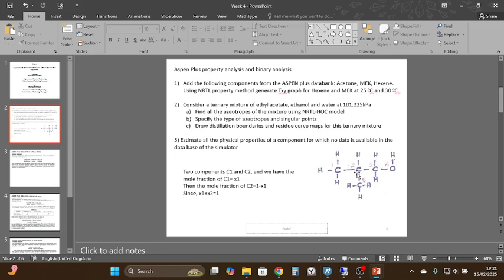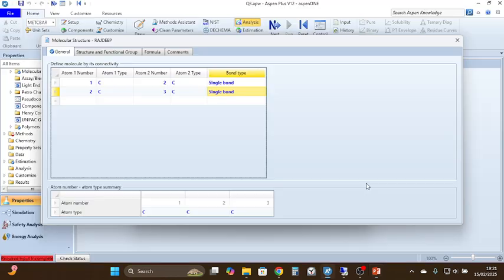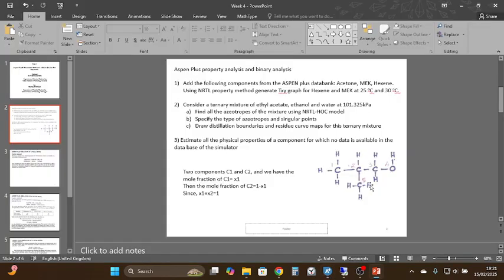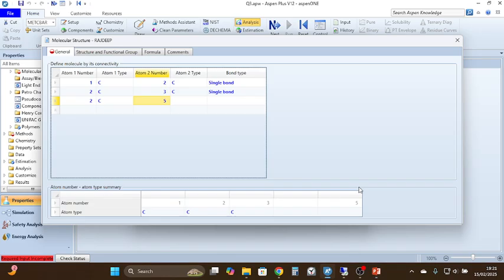Now note that the second atom is also connected to another carbon over here, which is indicated as 5. So atom 1 number is 2, and this atom 2 number is actually 5 because this is going down over here. This is also carbon, and the bond type is also single bond.